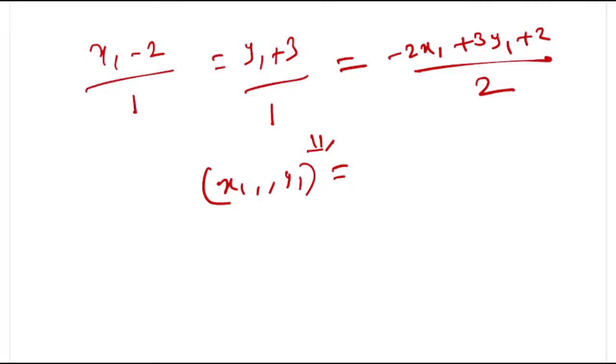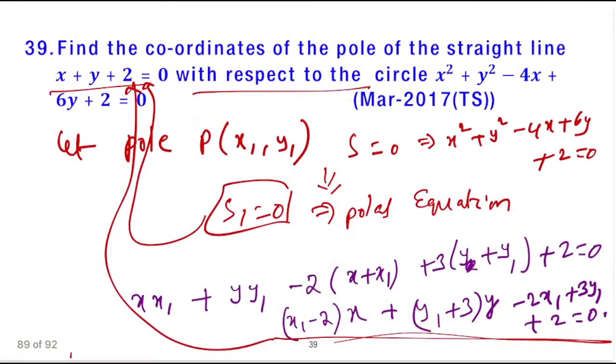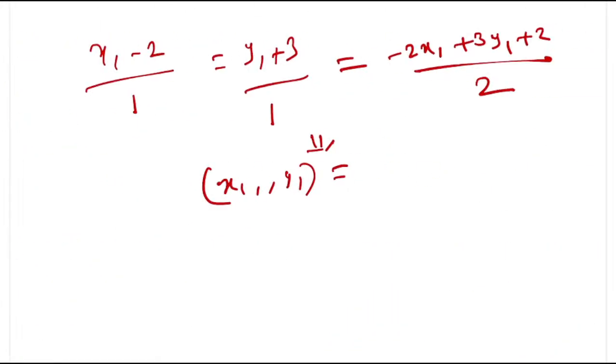What's the pole you are getting? Right. So I think you solved for x1 y1. So I am moving to the next question.